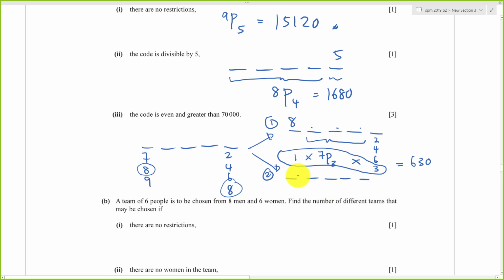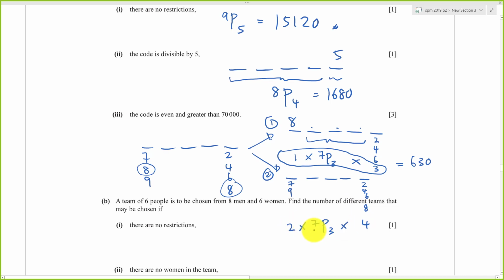Then we still have case number 2. In case number 2, I want to make sure I don't use 8 in the first place because I already used it in case number 1. I'll use 7 and 9. If I use 7 and 9, for my last digit I can use all the numbers I want: 2, 4, 6, 8, right? So here you only have 2 ways, so it's a 2 here. Here you have 4 ways, it's a 4 here. And then the middle is the same thing. You still have 7 numbers for the middle, so it's 7P3.